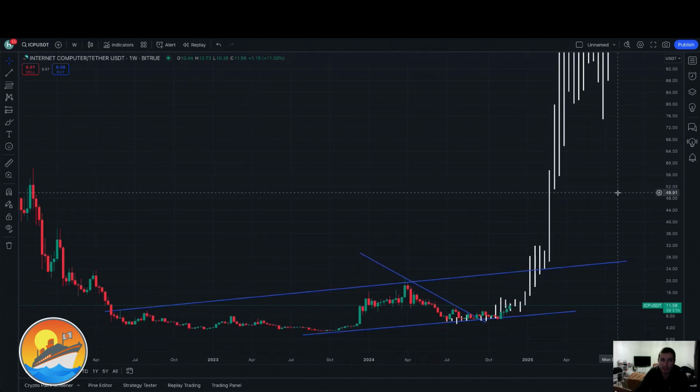We have to look at the previous bull cycle. Even Dogecoin went above 100 billion market capitalization, and that's just a meme coin. Strictly fundamentally, I think Internet Computer is way more valuable than Dogecoin, but of course that's just my personal opinion. Let's see how it's going to play out.